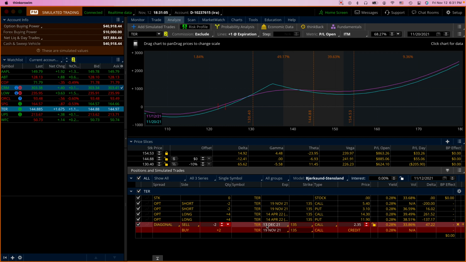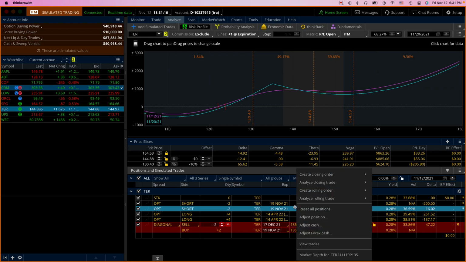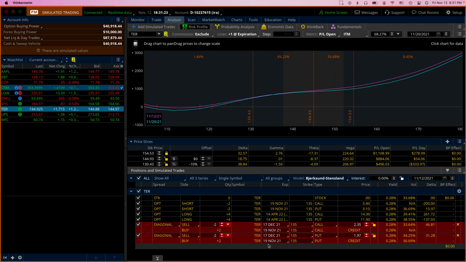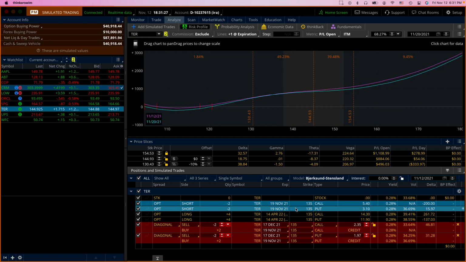And then you set December the 17th. This is how much credit you get. This is what your trade looks like. Or you can do the put as well. There you go, these are the two trades. Or you can do them together.